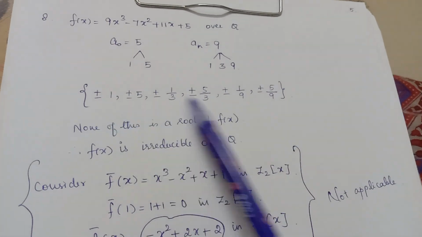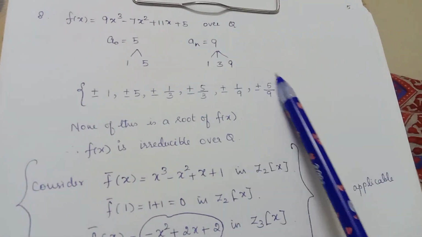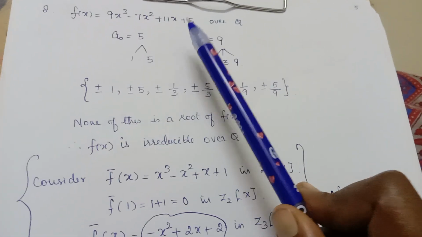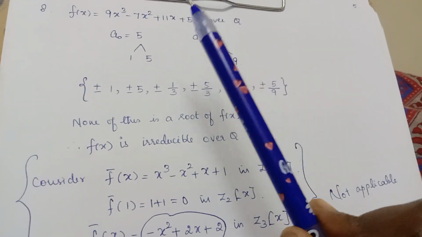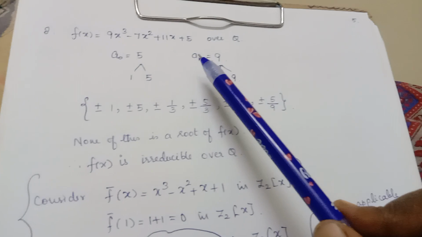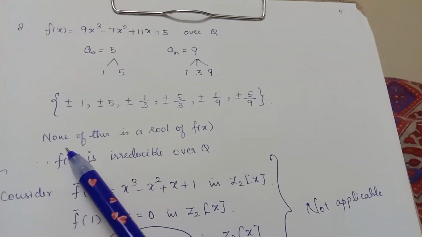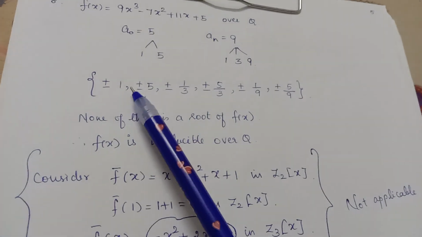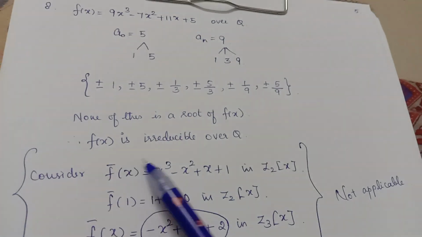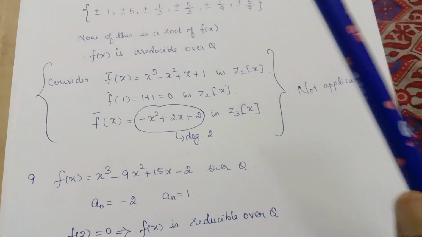You include plus or minus, so any one of these values could be a root for this equation. We have to check it by trial and error, no other method is available. I find that no value from this set is a root for this f of x, therefore f of x is irreducible over Q.